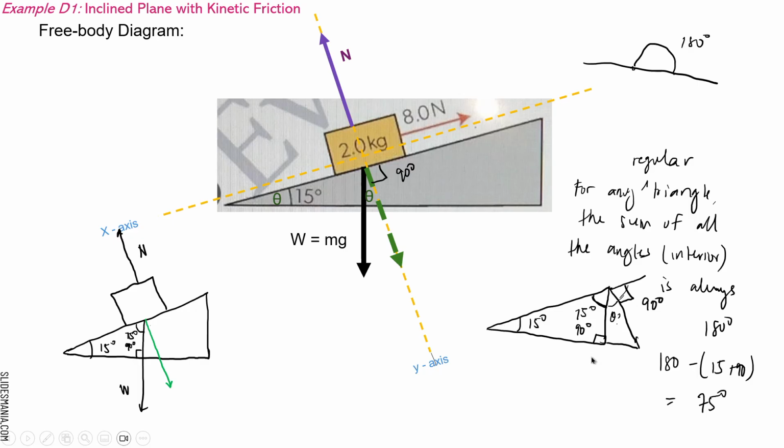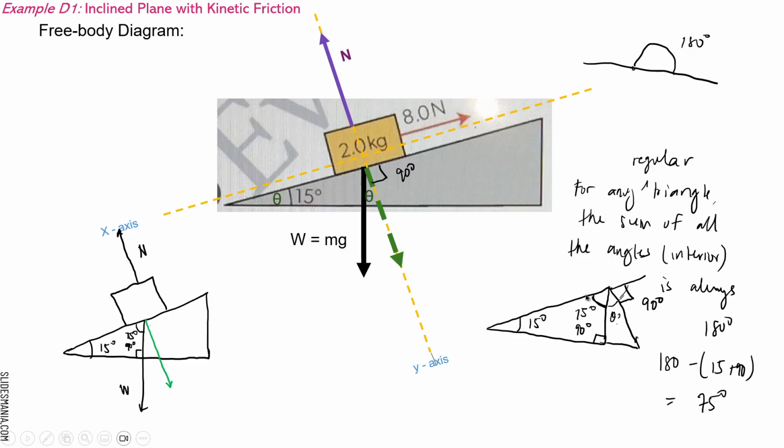We have this triangle right here, which has three of its angles given: 15, 90, and 75. If a line also has an angle of 180 degrees, similar to a triangle, then we can conclude that this angle right here, theta, is also 15 degrees.